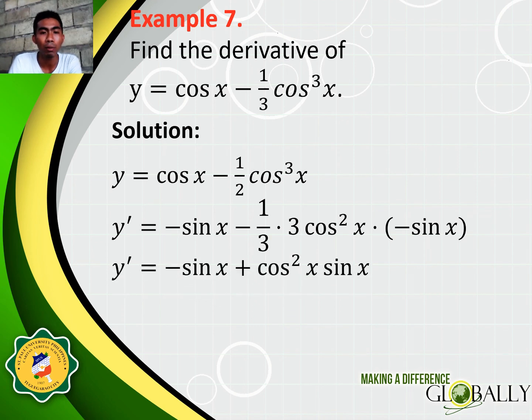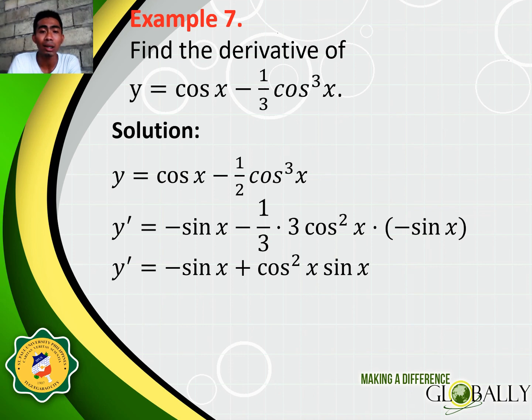Y prime equals negative sine x plus cosine square x sine x. Because when you multiply a negative number by a negative number, the product is a positive number.